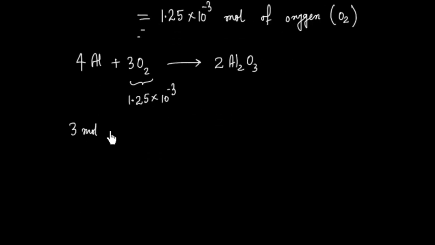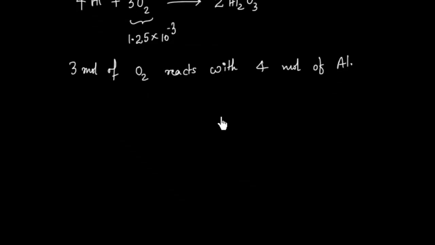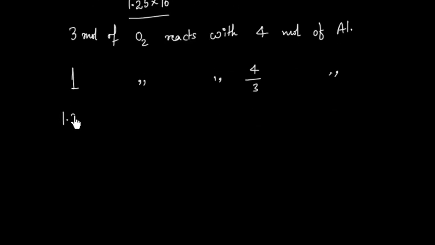So 1 mole of oxygen will react with 4 by 3 mole of aluminum. So I have 4 by 3 into 1.25 into 10 to the power minus 3 mole. So this is the mole of aluminum.